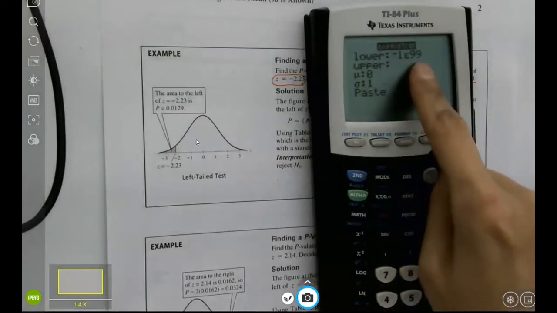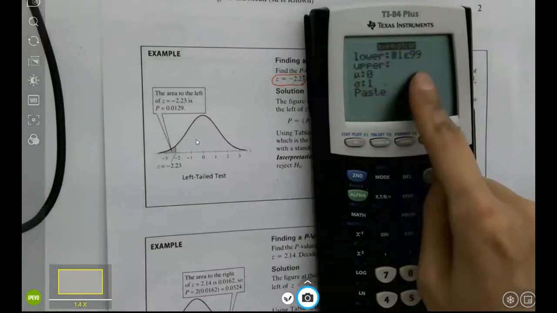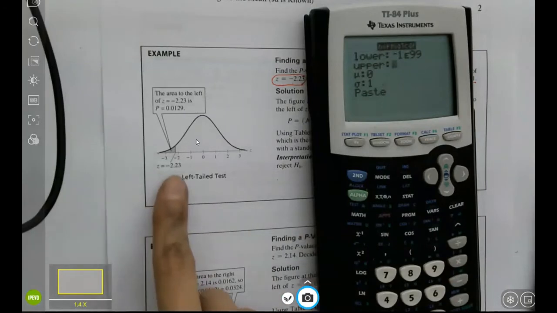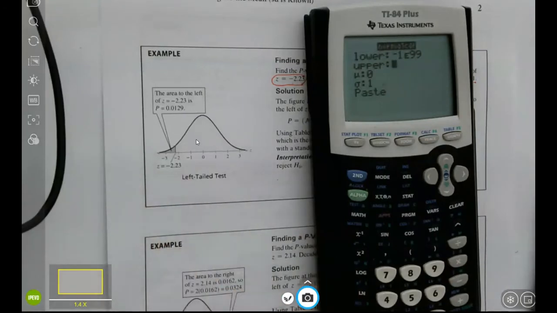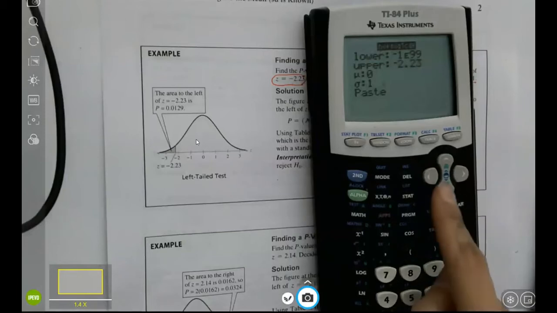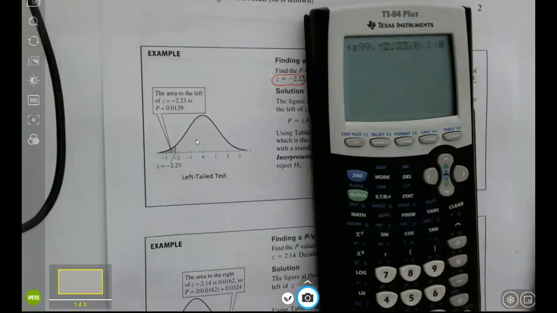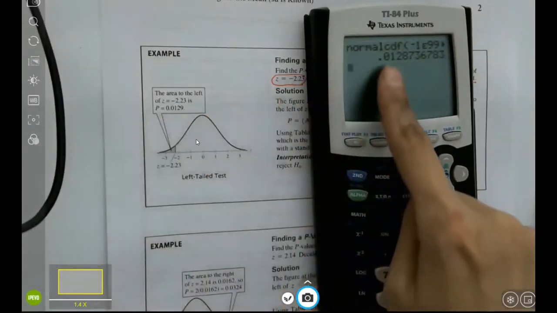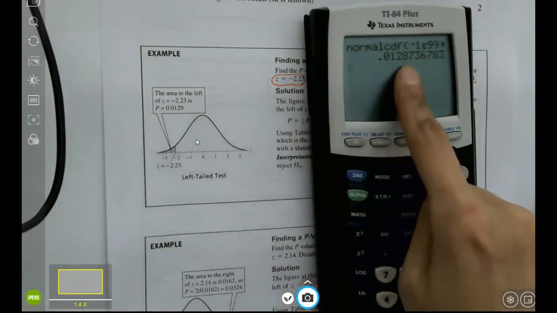On the left-hand side you have negative 100, upper limit negative 2.23, mu is 0, sigma is 1, and let's calculate that. The p-value is 0.0129.